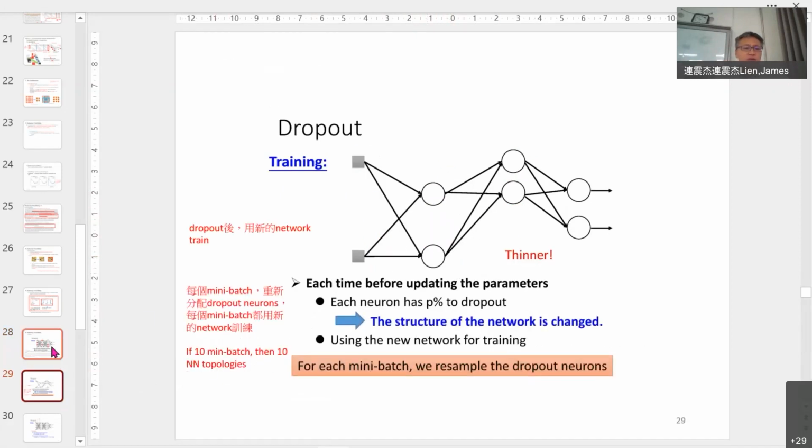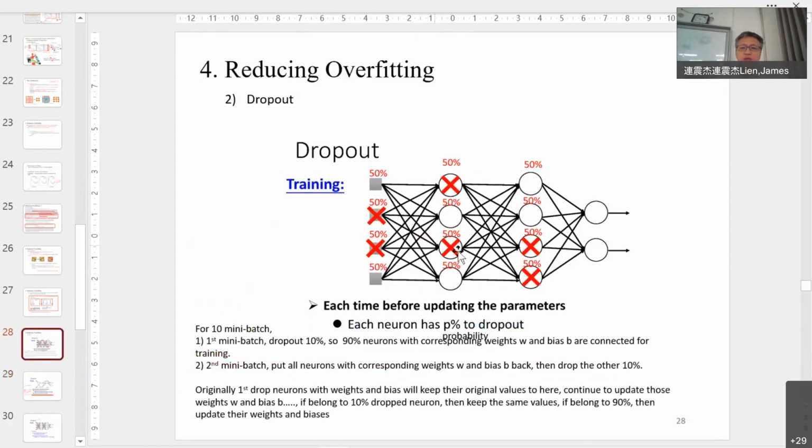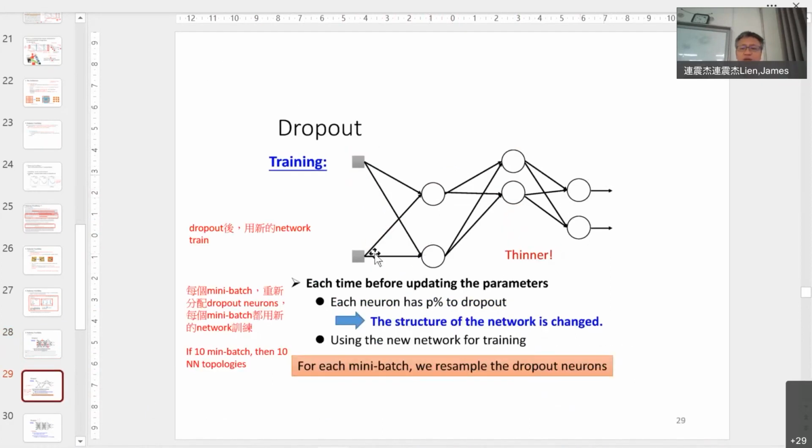Like this way. You freeze this one; not delete, not remove, you freeze it. Freezing means it doesn't update the parameters in this iteration. So the network looks more thinner, and this will get a better result.